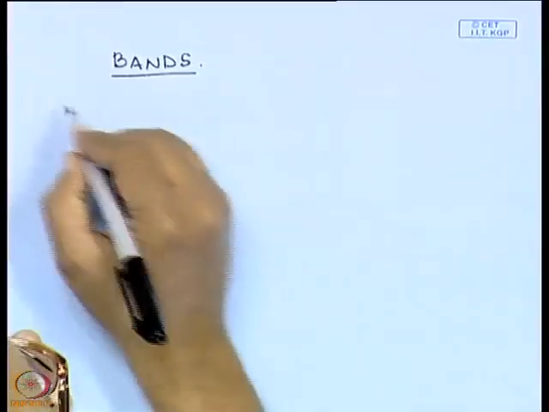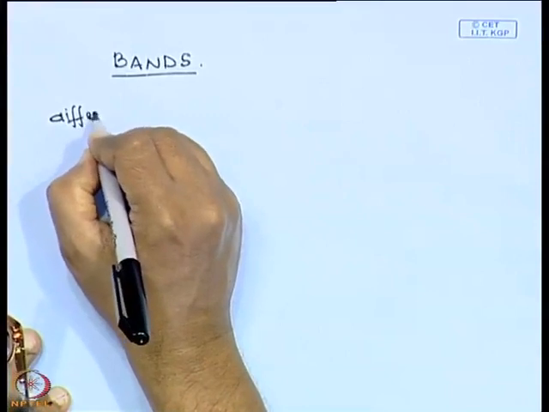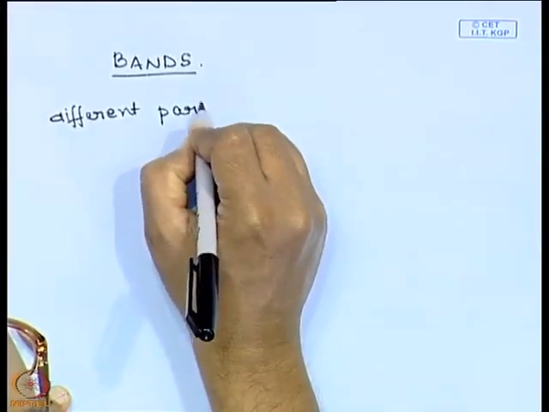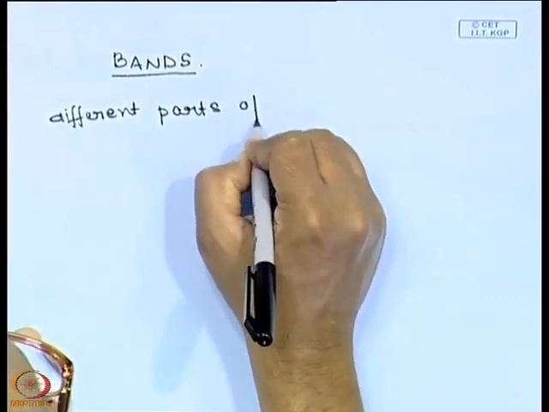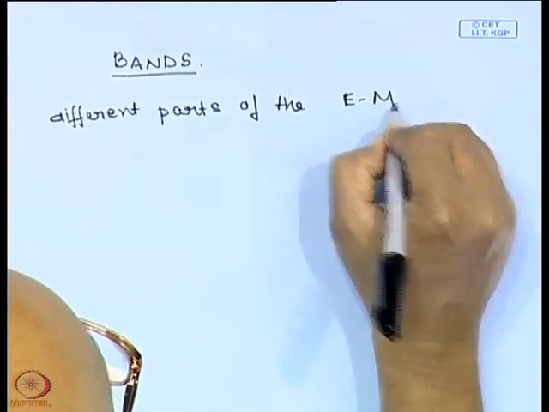So, different bands refer to different parts of the electromagnetic spectrum.